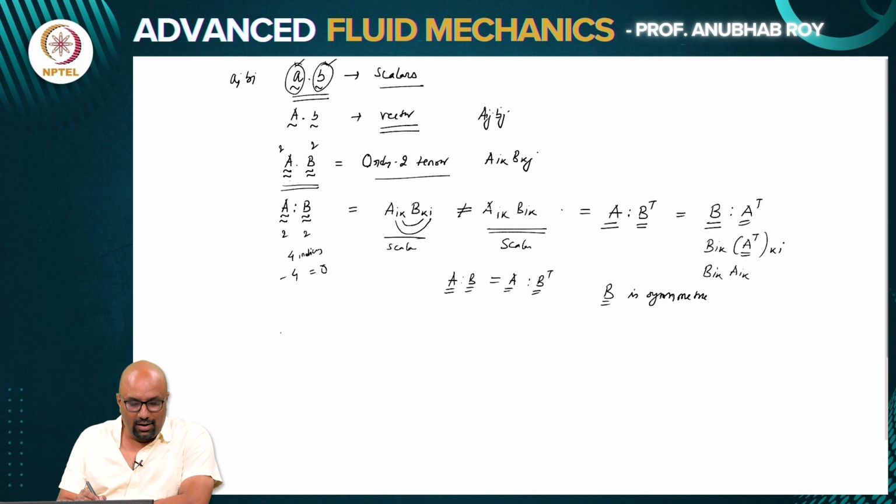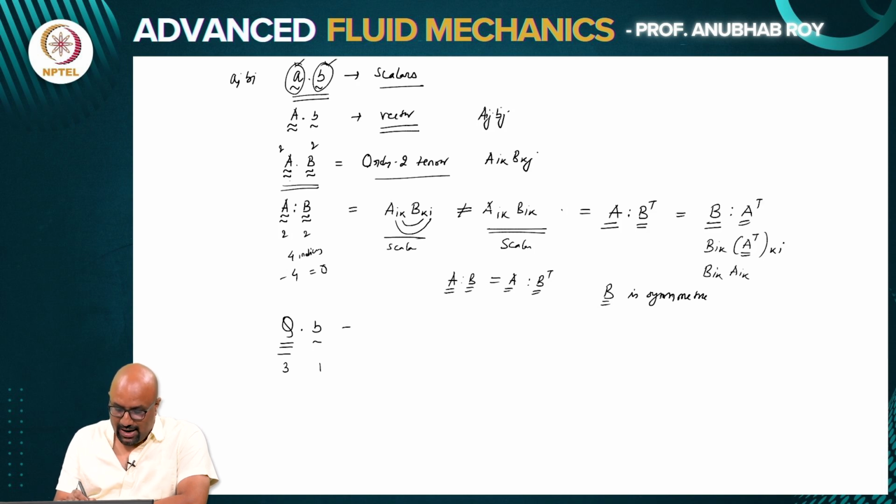Now, let us go a little further in the exercise. So, let us take an order 3 tensor and dot it with a vector. When we do an order 3 tensor dotted with a vector, you see that here you have 3 indices, here you have 1 index. So, whatever you obtain is going to be an order 2 tensor.